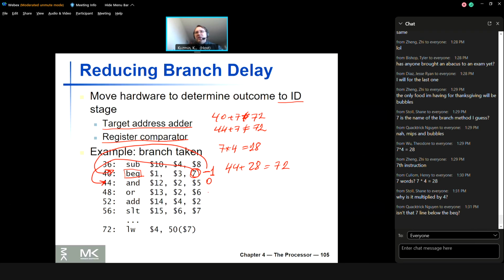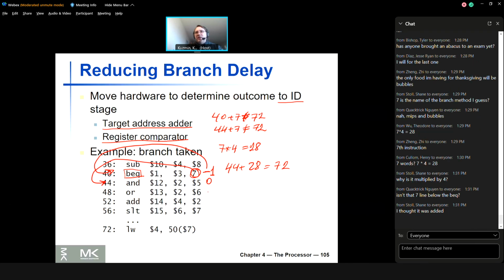So we can just go like that: 1, 2, 3, and then after 56, we're going to have 60, 64, and 68. So it's going to be 4, 5, 6, and this is going to be 7. So we see, yes, indeed, it is an offset of 7.